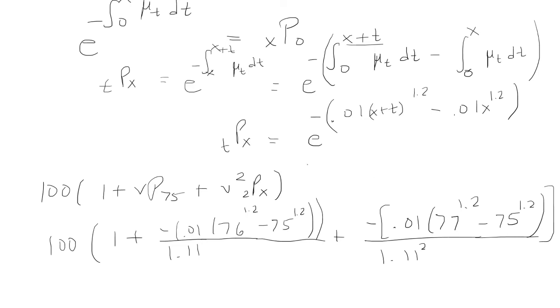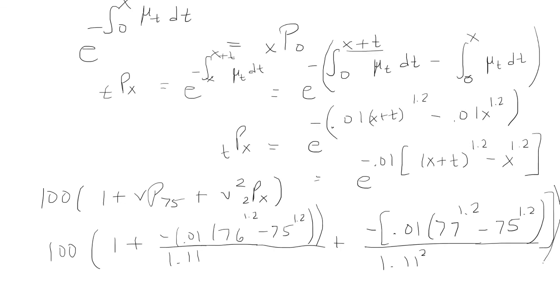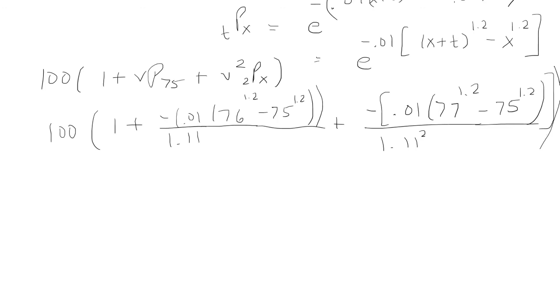And I should go an extra step here, because what I'm really doing is this. And then we just close the parentheses. So all we have to do is just plug it in the calculator, and we end up getting 264.22. That's the final answer.